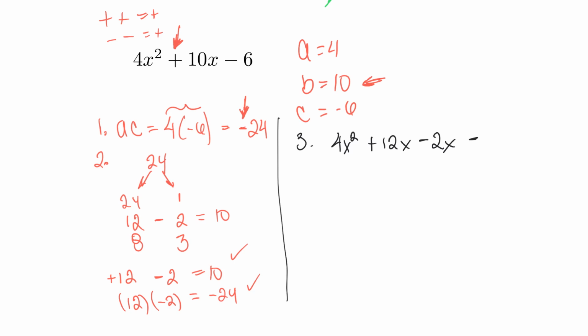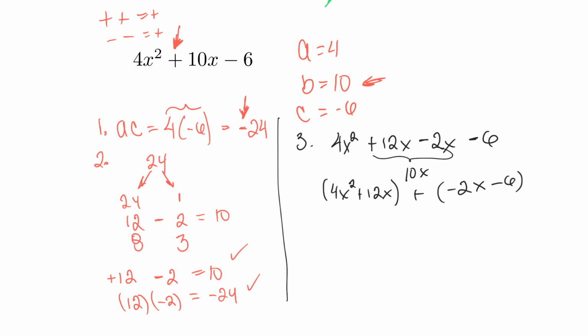And now we add the last term of the polynomial. Remember that this is equal to 10, so we haven't altered the polynomial. It stays the same, we are just reorganizing. Now we separate the polynomial in two terms. We have the 4x squared plus 12x, plus the other one, minus 2x minus 6.